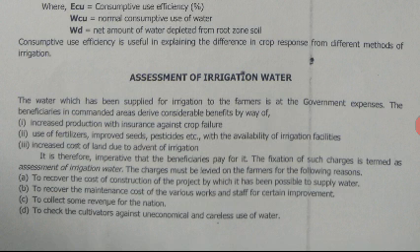The beneficiaries in commanded areas derive considerable benefits by way of increased production with insurance against crop failure, use of fertilizers, improved seeds, pesticides, etc. with the availability of irrigation facilities.